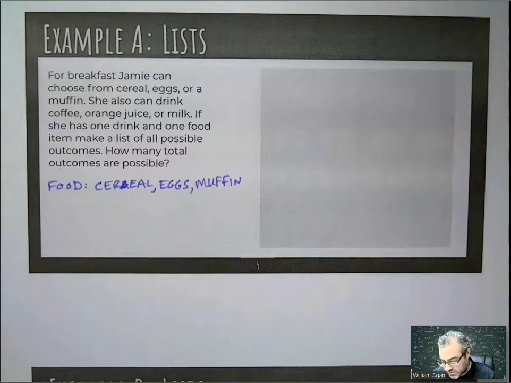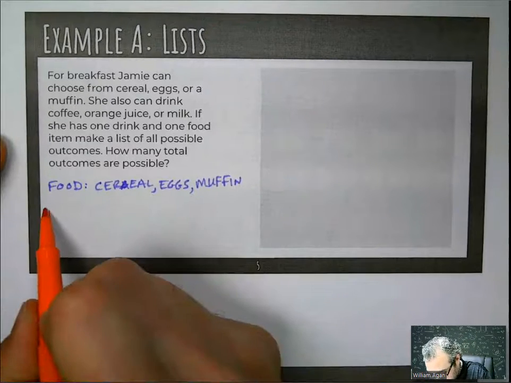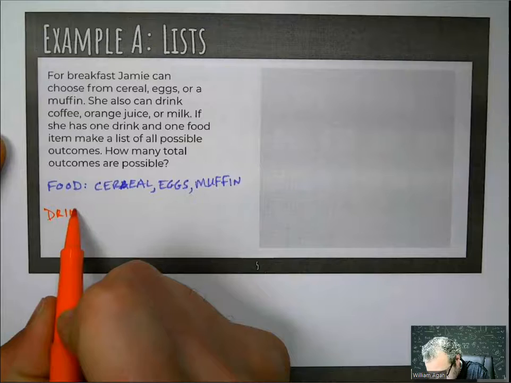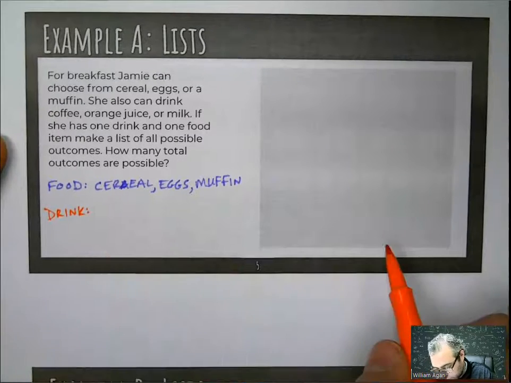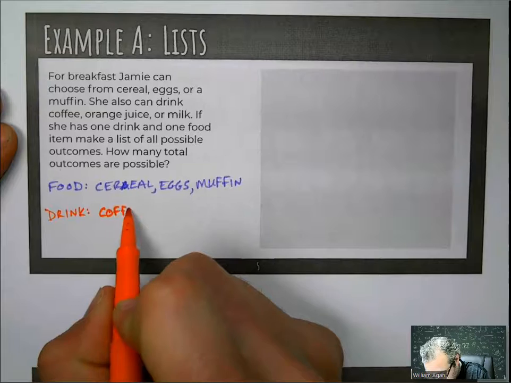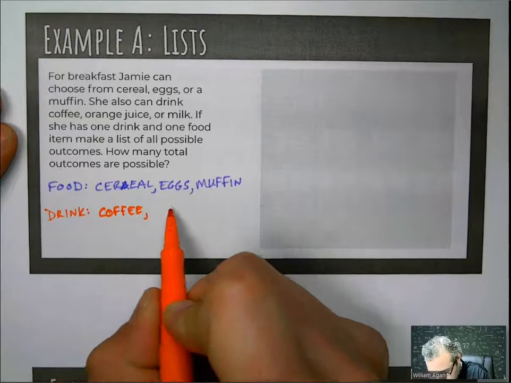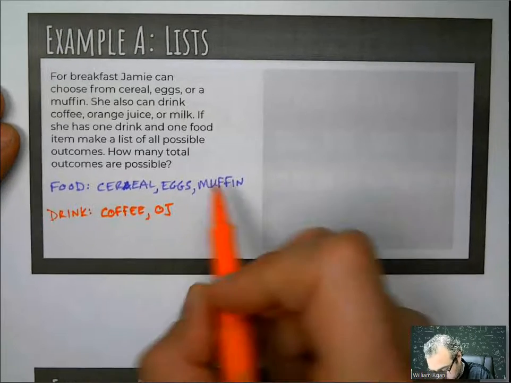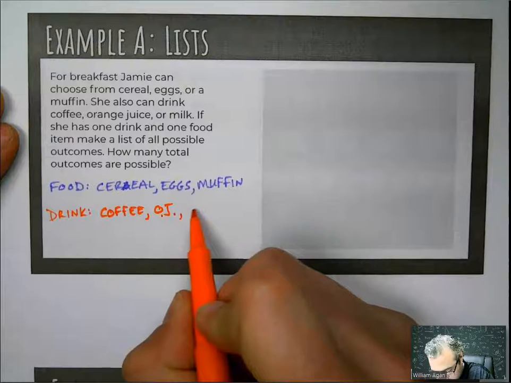Then she has to choose a drink. And for drink, she can have coffee, OJ, shortening it to OJ, or milk.